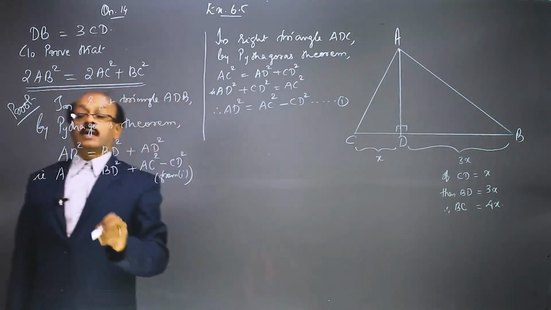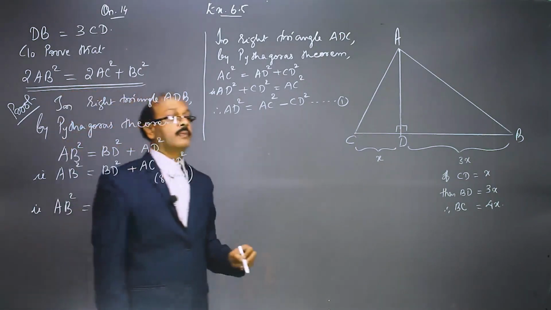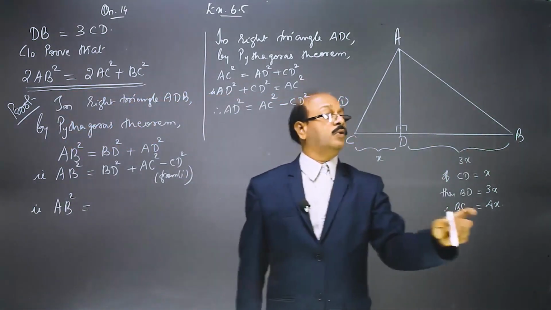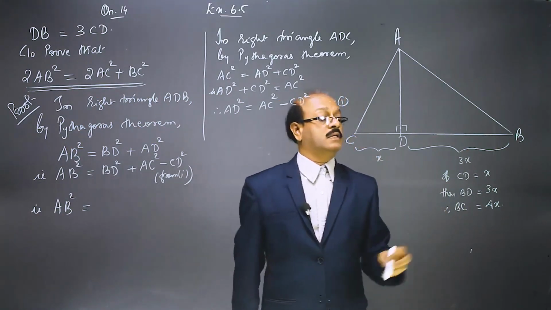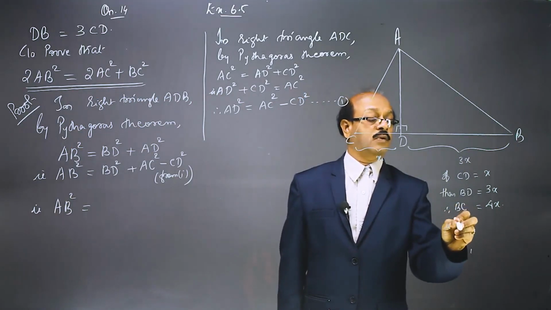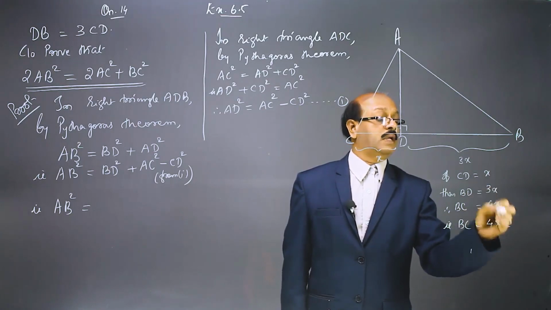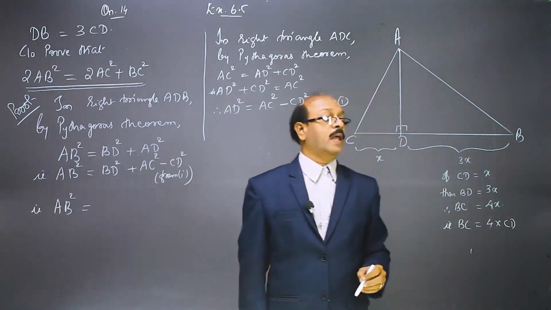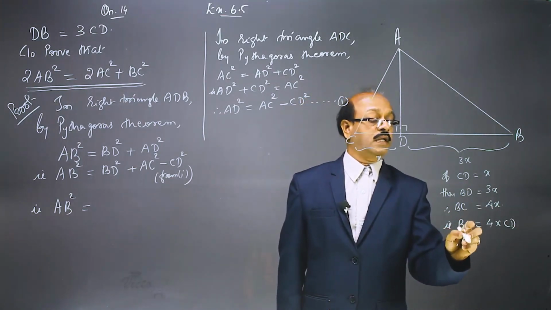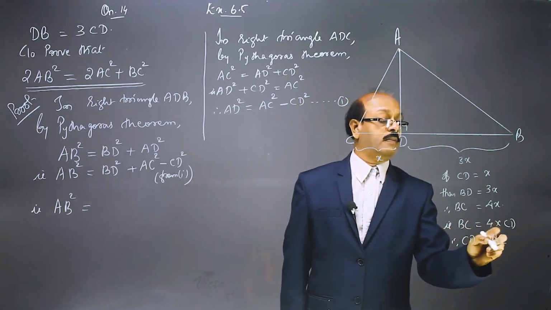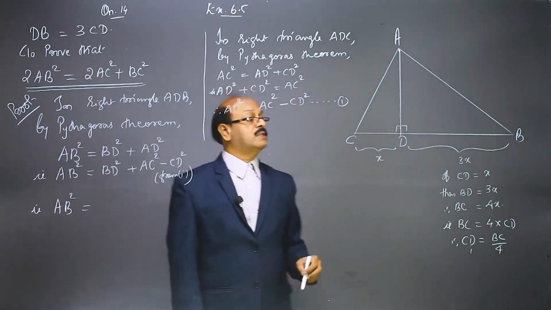Now, BC is equal to 4x, where we are taking CD as x, that is BC is equal to 4 into CD. Therefore, CD is equal to BC divided by 4.